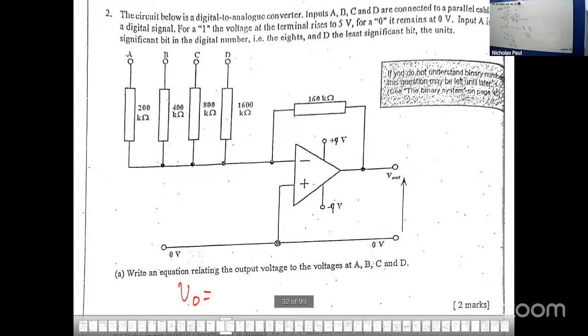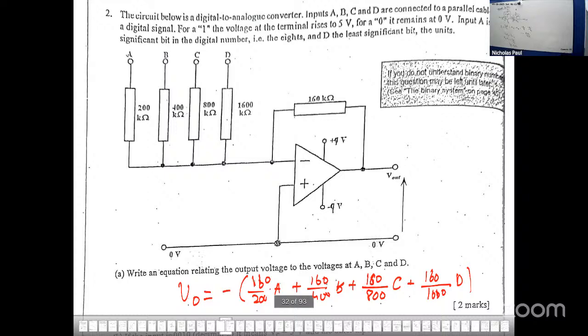So V out will be, I'll leave the minus on the outside, 160 over 200 A, sorry, let's call it A, plus 160 over 400 B plus 160 over 800 C plus 160 over D. Nice. That's what the formula looks like, right?